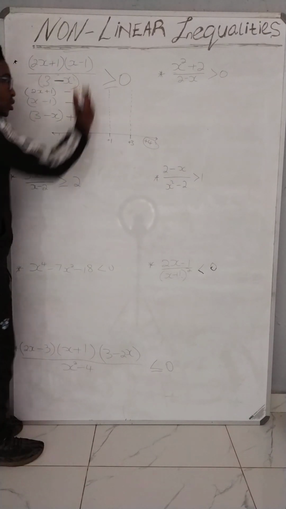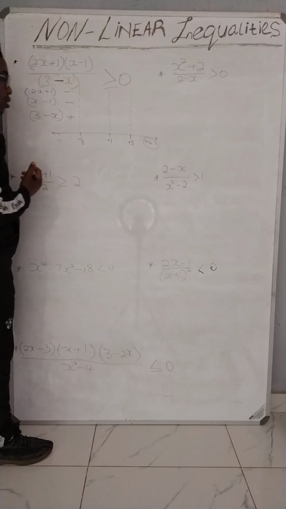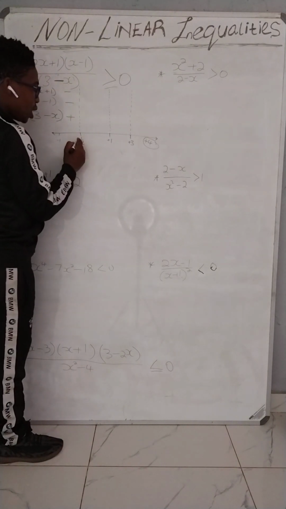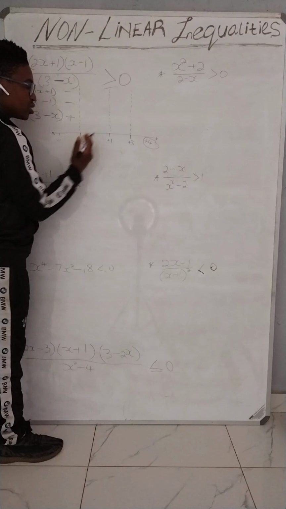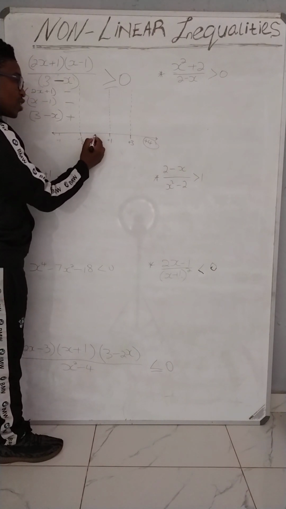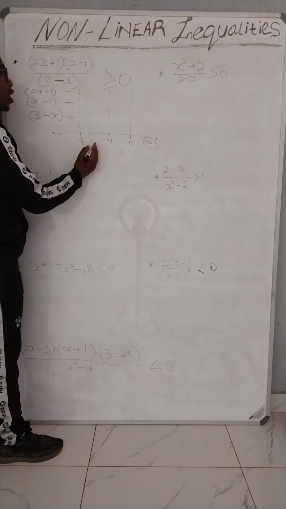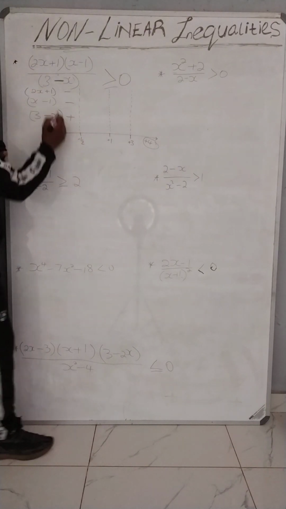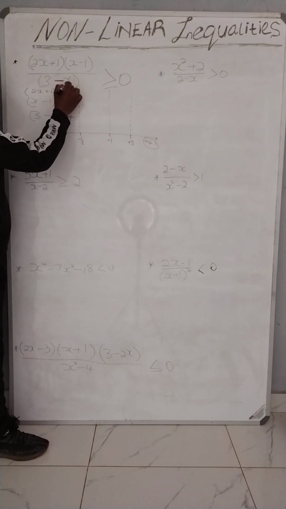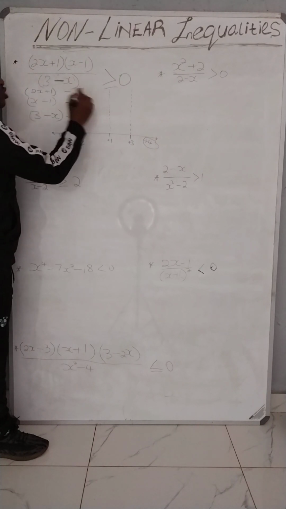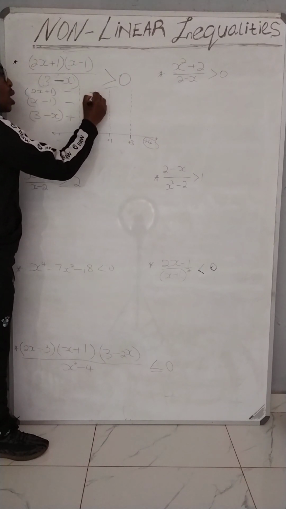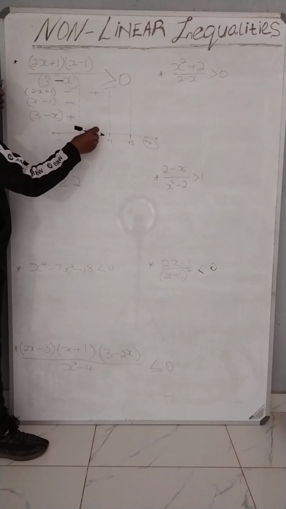Okay, let's come to this side. So between a half and a +1, you could have a 0 here. If you put 3 minus 0, you'll have a positive 3. So this factor will be positive here.